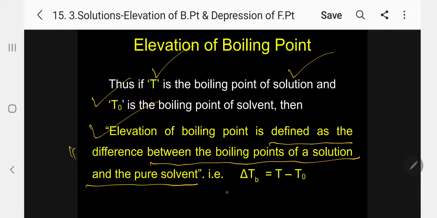That is, delta TB equals T minus T0. What is delta TB? Elevation of boiling point. What is T? The boiling point of the corresponding solution. T0 is the boiling point of the pure solvent. This difference we will always call elevation of boiling point, delta TB. Kindly follow.